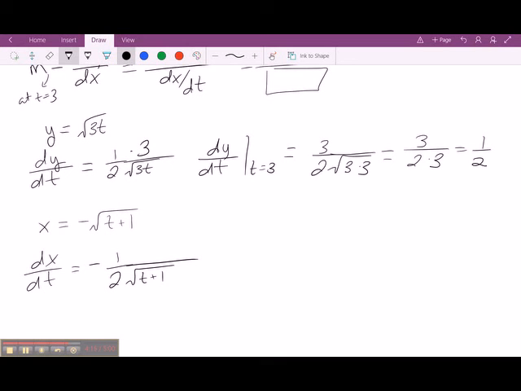So we are done with that then. So dx dt, let's calculate that at 3. So we have negative 1 half, and then square root of 3 plus 1 in the bottom. So negative 1 over 2 times 2, which is negative 1/4.